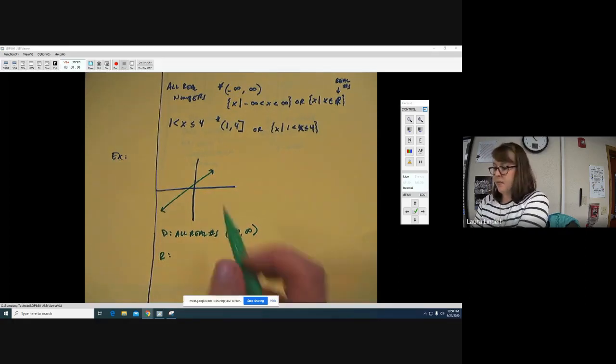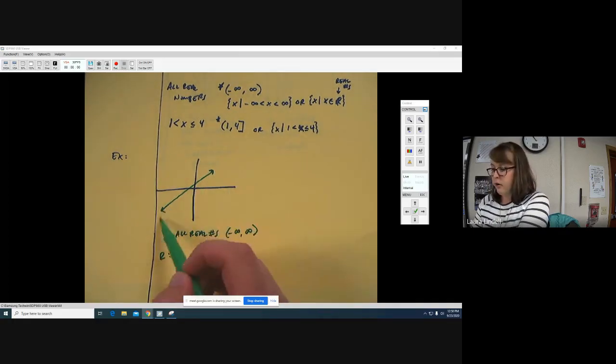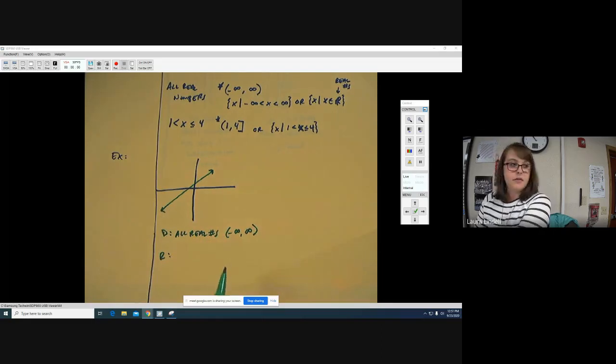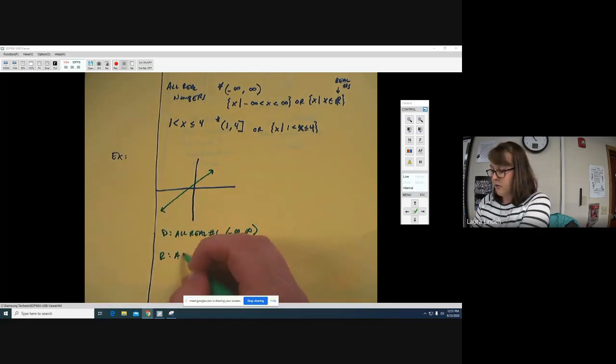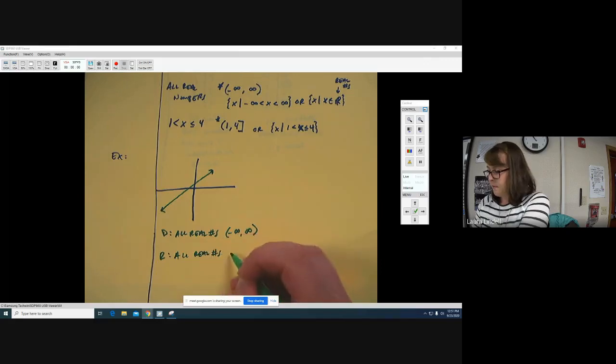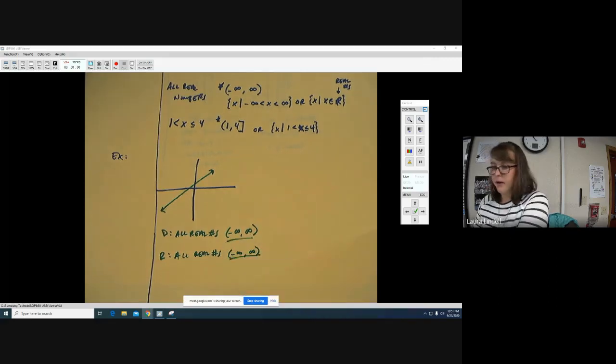And the range does the same thing. We have one arrow pointing up and one arrow pointing down. There are no excluded values here. So this is also all real numbers. Negative infinity to positive infinity. So this is typically the way we would write our answer there.